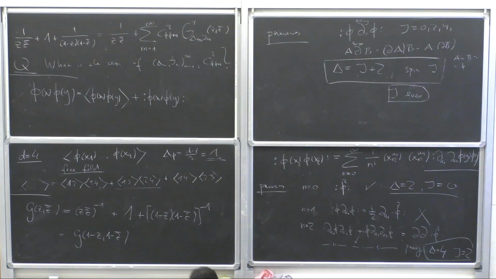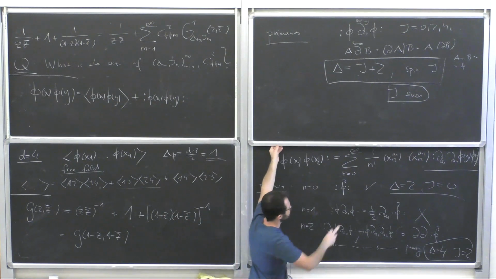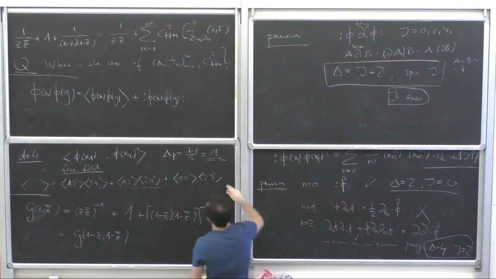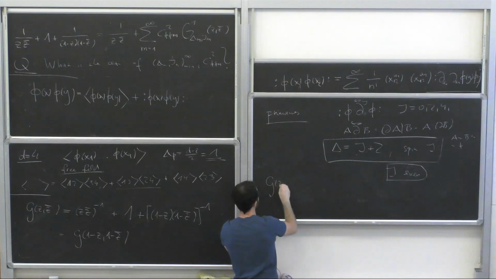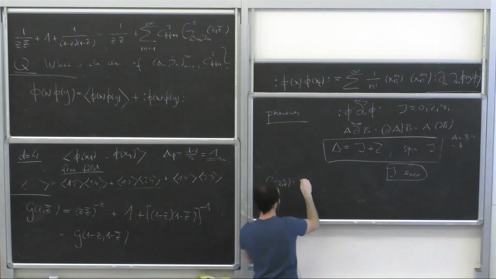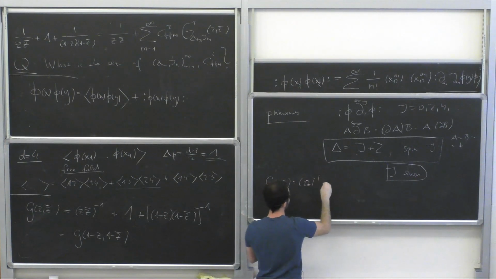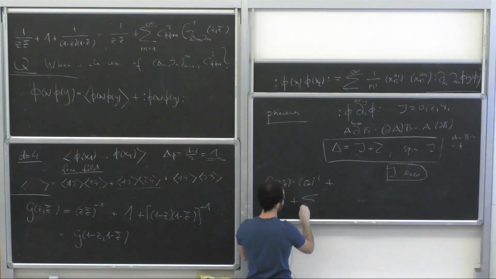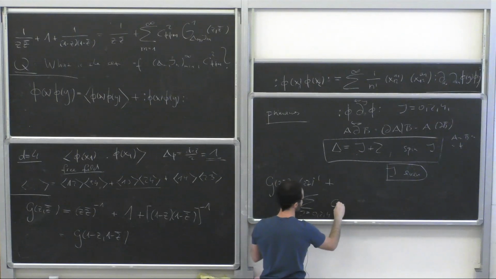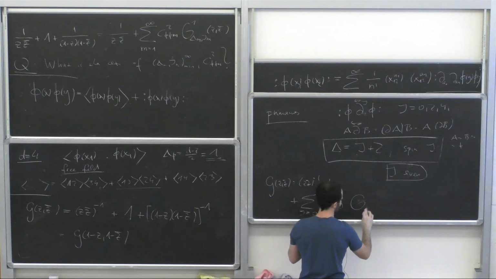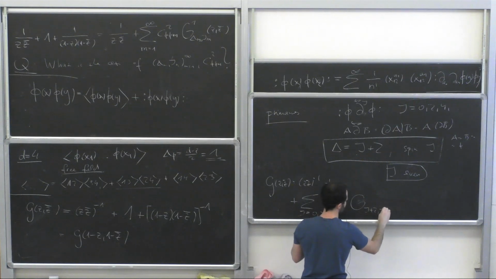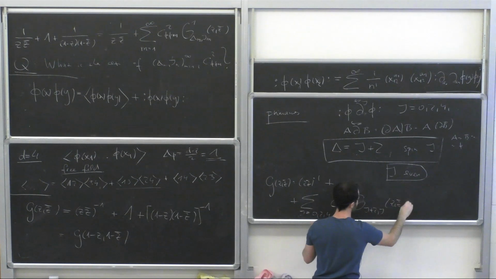So in other words, we learned without doing much of a calculation that, okay, let me just write the formula. So this 4-point function, what we expect is this z bar to the minus 1 plus sum over spins, over even spins, so 0, 2, 4, and so on, of some c_j squared, times the conformal block of dimension j plus 2, j, z bar, 1.